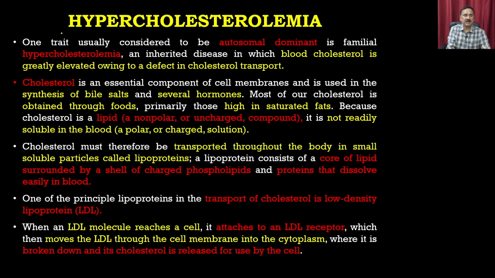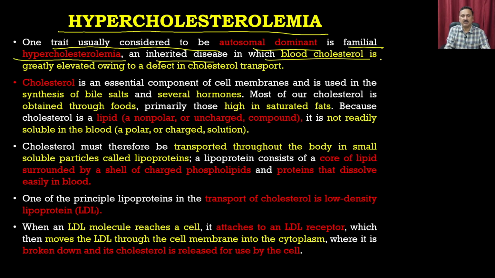One of the classical examples is hypercholesterolemia, right? One trait usually considered to be autosomal dominant is familial hypercholesterolemia, an inherited disease in which the blood cholesterol is greatly elevated owing to a defect in cholesterol transport.